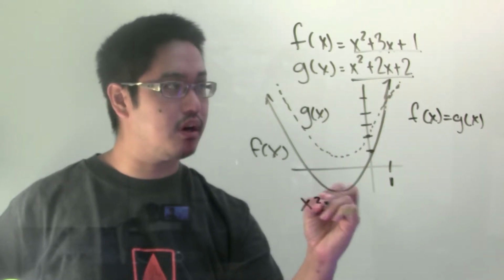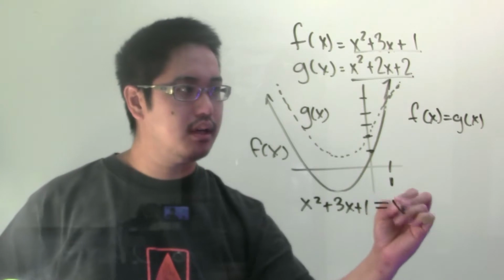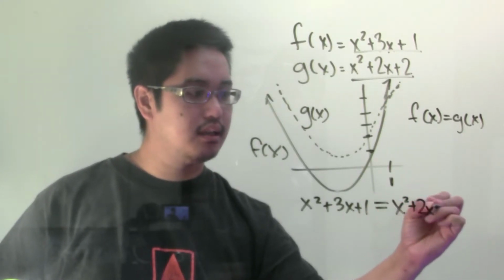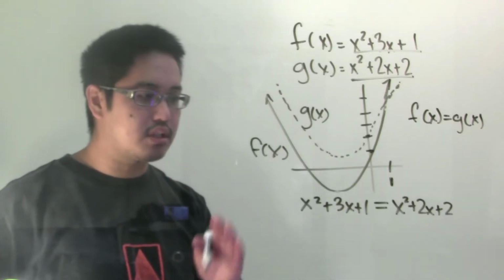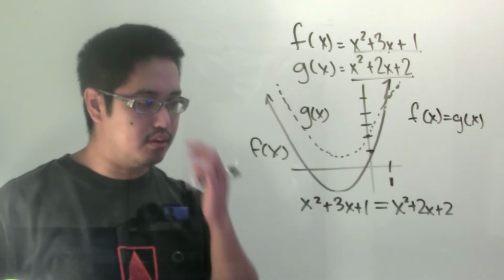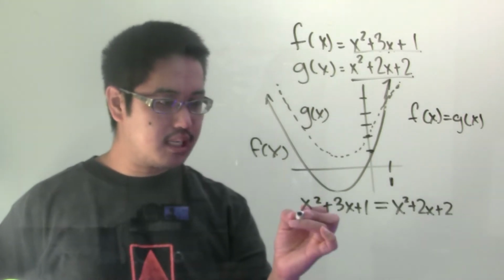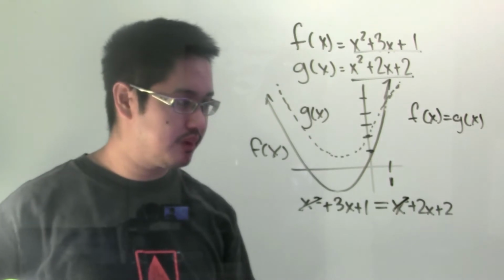So I've got x squared plus 3x plus 1 is equal to x squared plus 2x plus 2. Now all I want to do is solve for x. I want to see if I can get an x value that will tell me when they're equal to each other. If I subtract x squared from both sides, those would just kill those things.